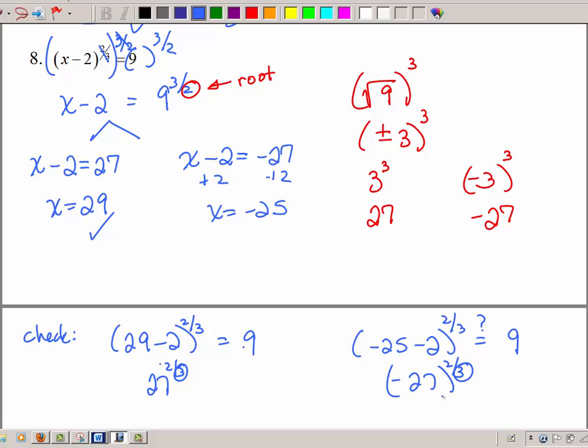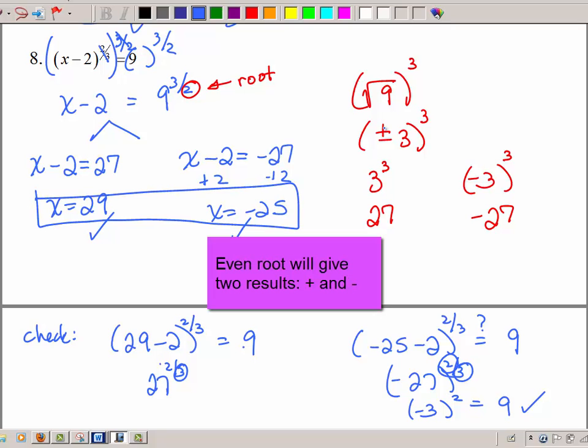Well, the cube root of negative 27 is negative 3, but when you square that, again, you get 9. So we have two answers because of that plus or minus sign. So if that bottom number is even, you need to remember I've got to do a plus or a minus.